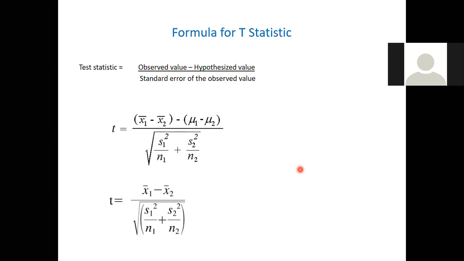And that standard error is the measure of inherent variability of the attribute in the population. If you go and watch the video on Introduction to Inferential Statistics, when we talk about sampling distribution, we talk about standard error.